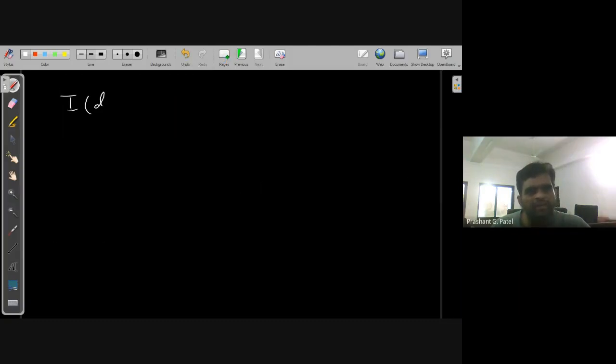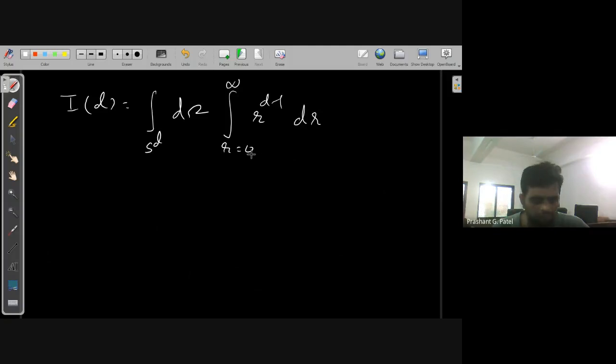So this ID we can write as the integration of d omega times the integration of r from 0 to infinity, r raised to d minus 1, e power minus r square dr. The first part we have denoted previously as AD, that is the surface area.